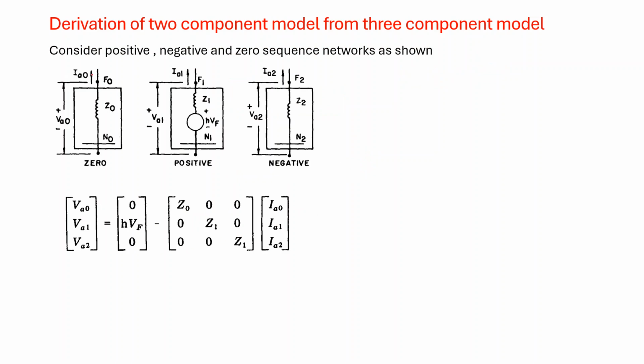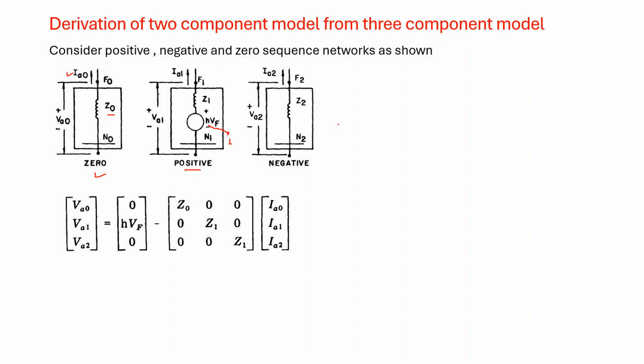Here it is shown: consider the positive, negative and zero sequence networks. This is the zero sequence network. We can see Z0 is the zero sequence impedance, VA0 is the zero sequence voltage and IA0 is the zero sequence current. Similarly, this is the positive sequence network. Here again, H you can take as 1.